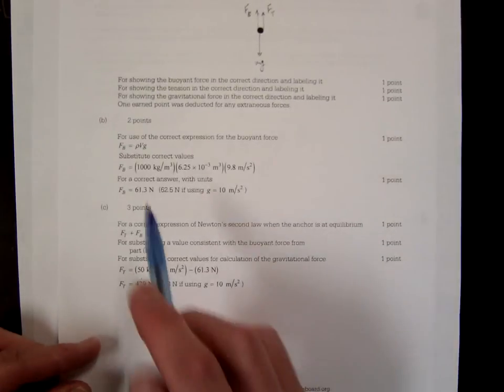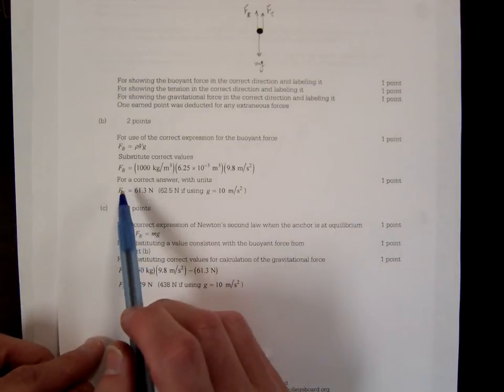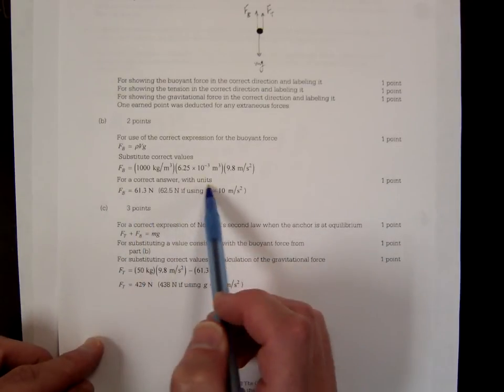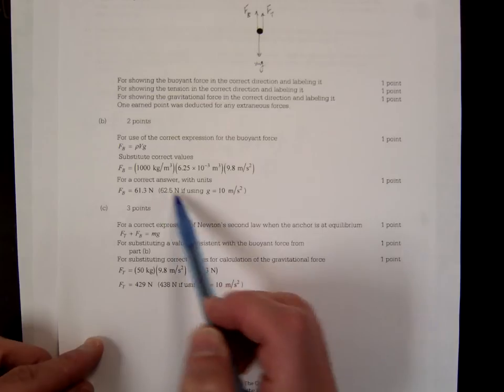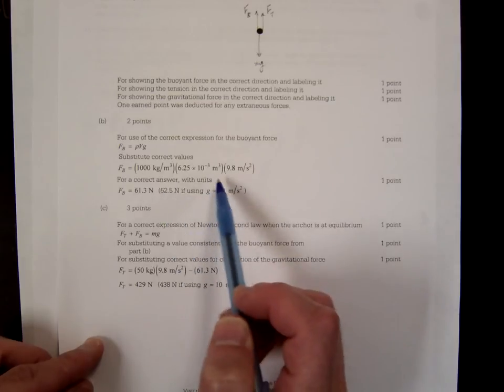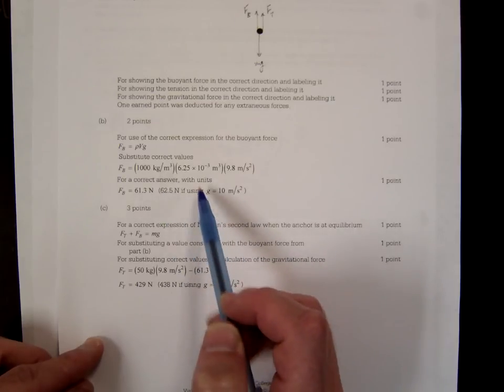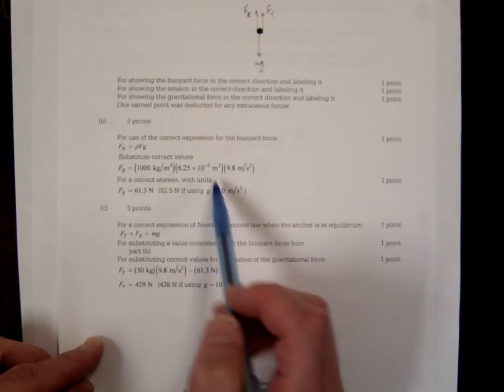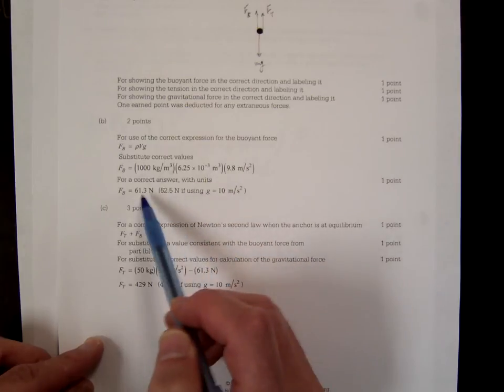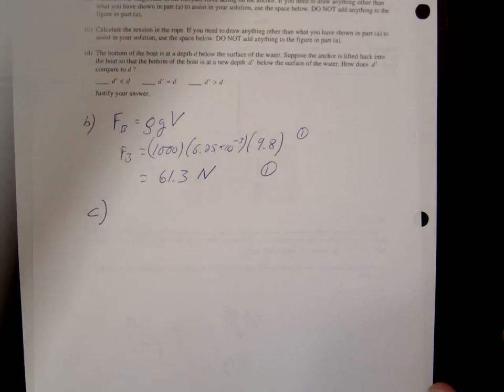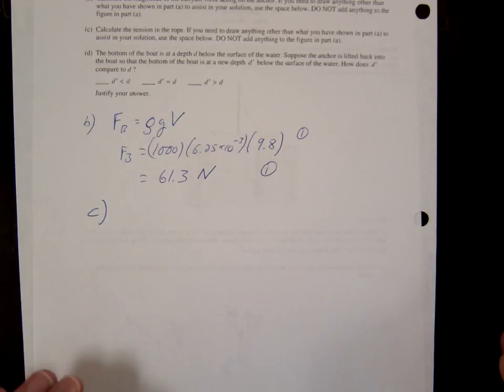One of the things I do want to point out is this for a correct answer with units. So make sure you're putting the units. What they've been doing a lot lately is if you don't put the units, you only get the work credit. So make sure you're putting the units down.